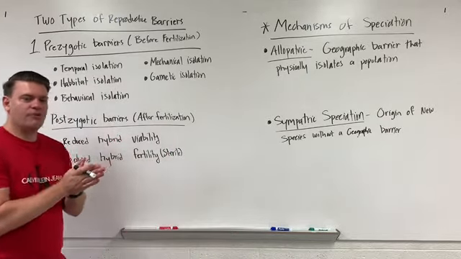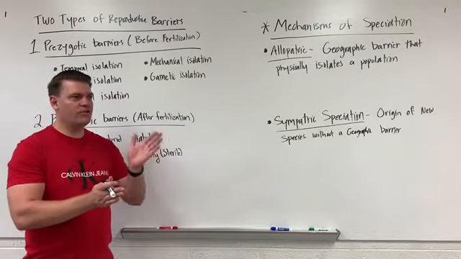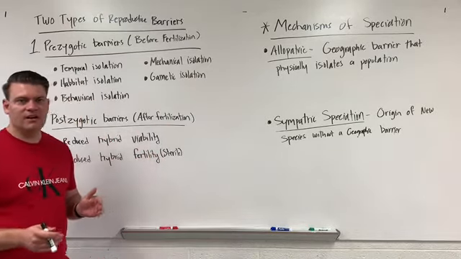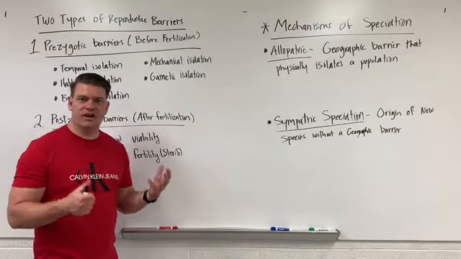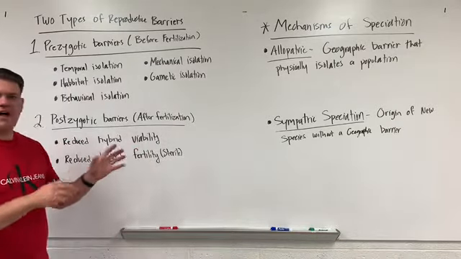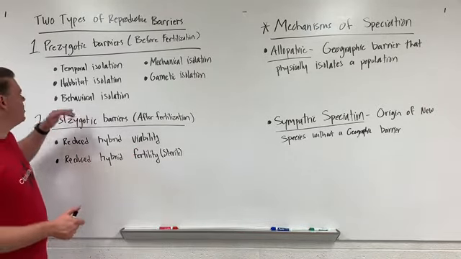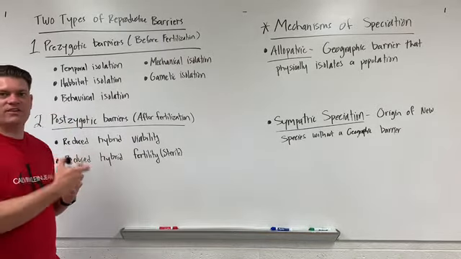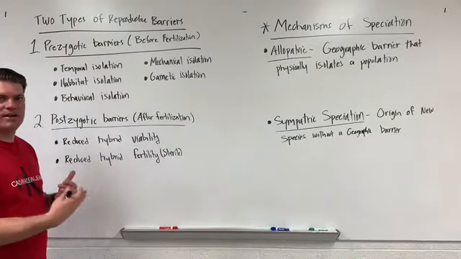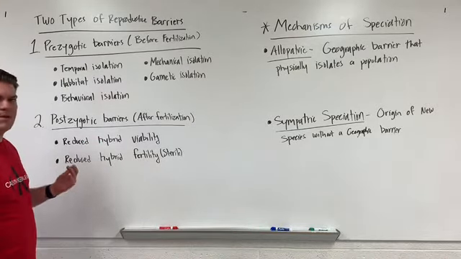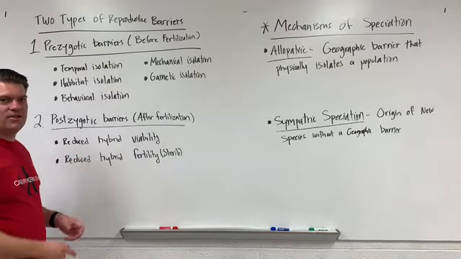Because of those behavioral differences, they decided they're only going to interbreed with those doing this specific dance. So there's this whole group in Indonesia of small birds that all have different dances and different songs that they sing, all based on the females now being attracted to something different and wanting to mate and create offspring with that male. So behavioral isolation, like I said, is really big inside the bird population.